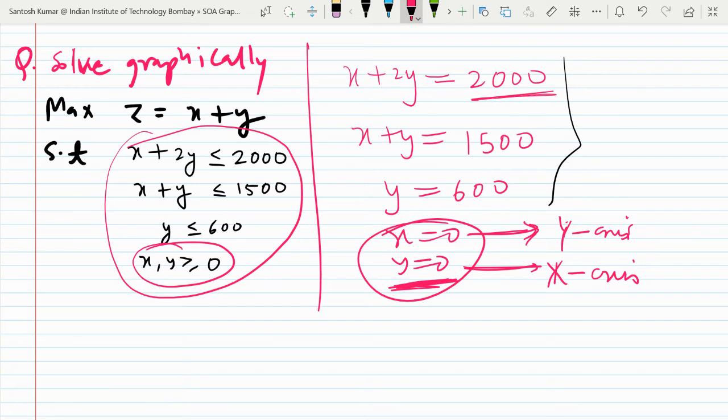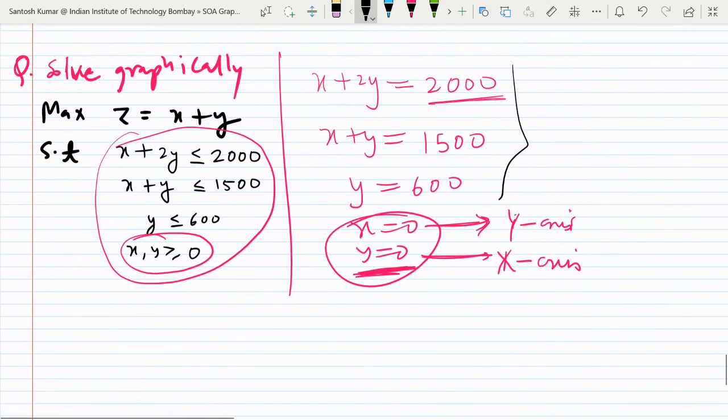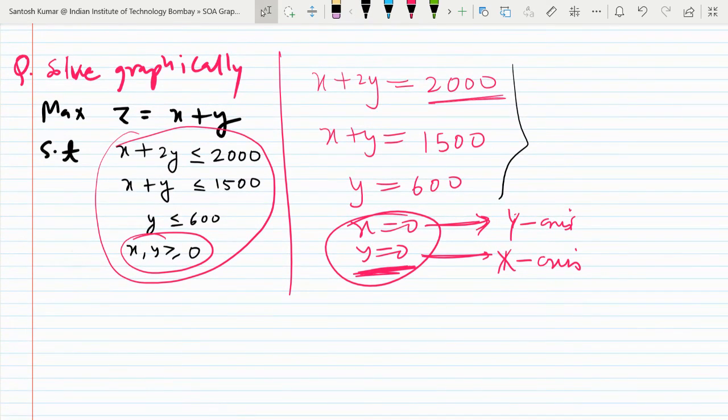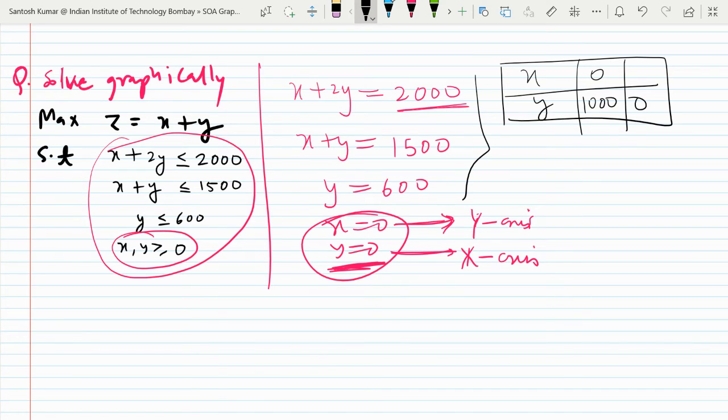Here you see very large numbers, so don't worry. You have to take a scale accordingly. You may take a scale of 1,000 or 100. If I make the table for your convenience, for this line: x is 0, y is 1000; y is 0, x is 2000.